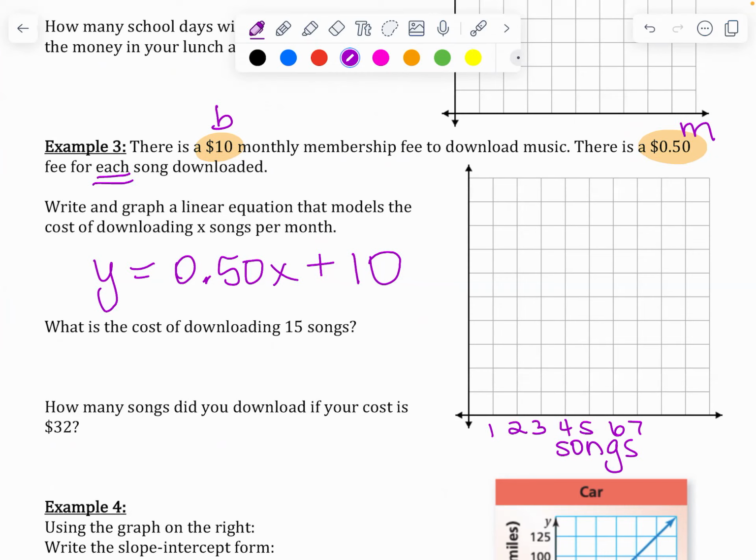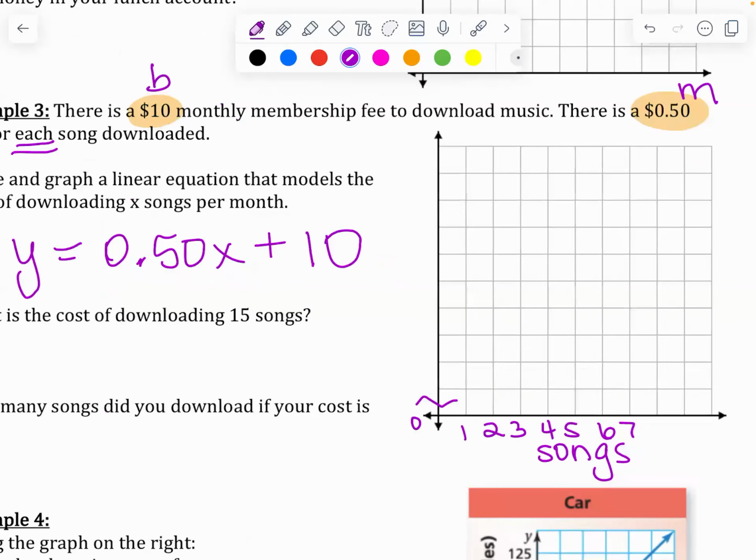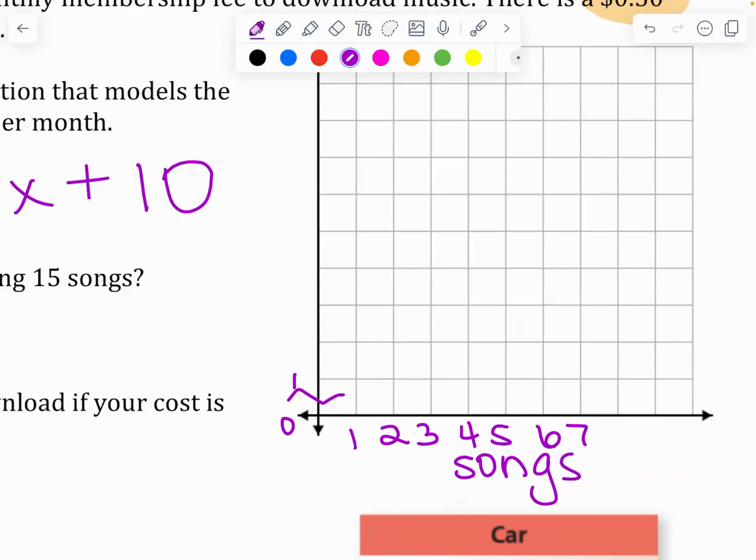If I count by halves, or even if I count by ones, I am going to run out of room. So if you have a y-intercept that is significantly bigger, we can say, hey, this is 0, but I'm going to skip a bunch of numbers and start at 10. Then I'm going to go to 10.5, then 11, then 11.5.